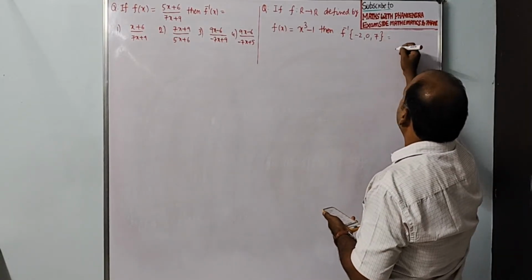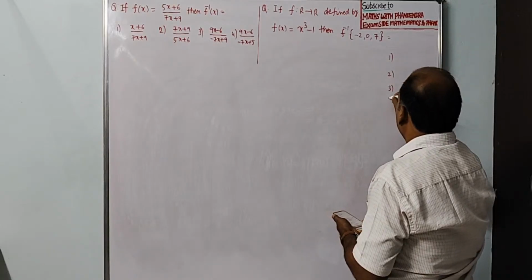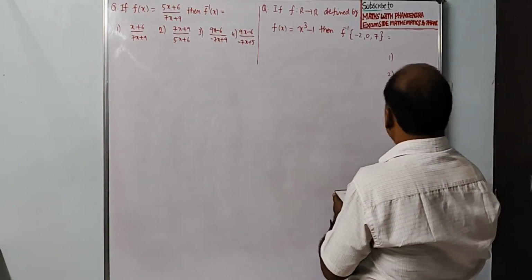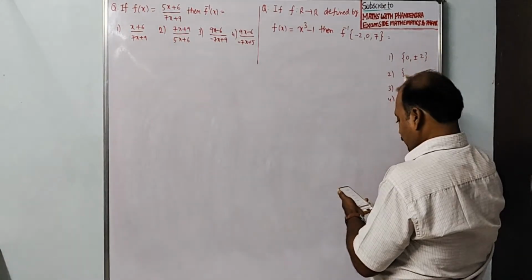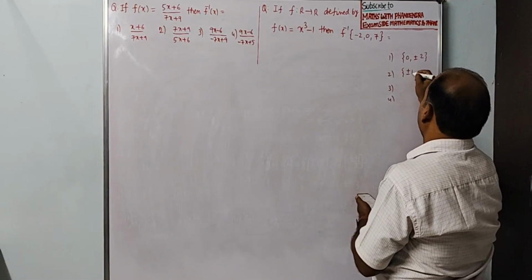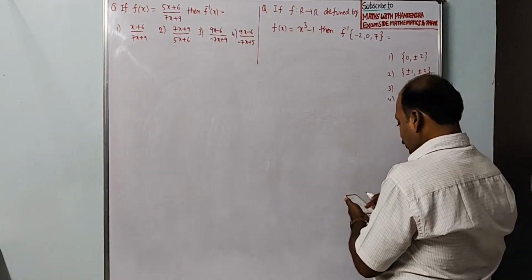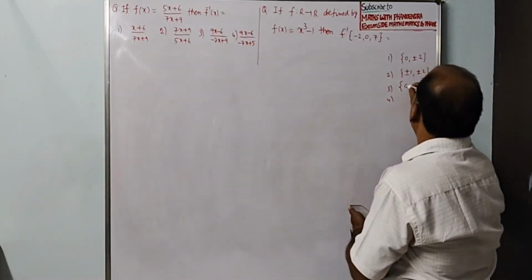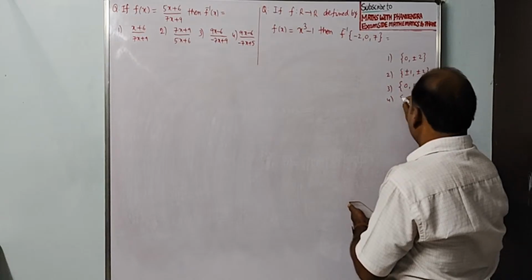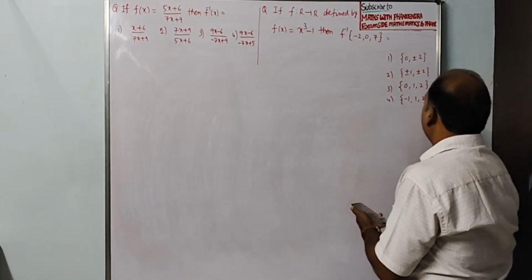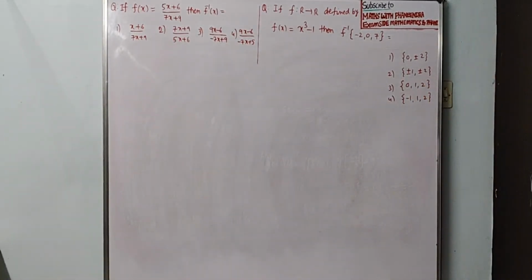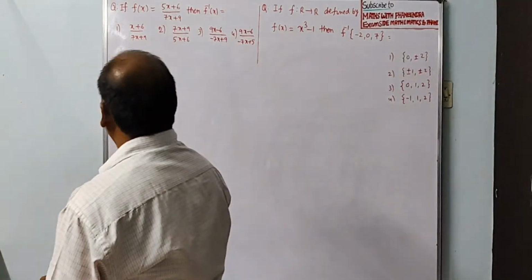So in the options they provided: 0 comma plus or minus 2, plus or minus 1 comma plus or minus 2, 0 1 2, minus 1 1 2. This is a good question, dear students. After two more questions, after that then only we will end the session.